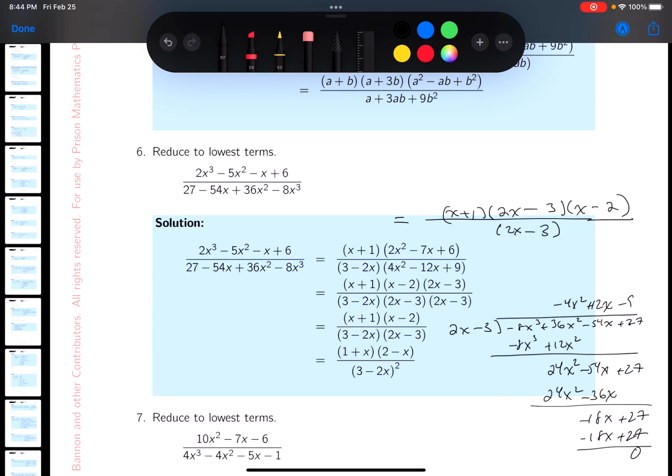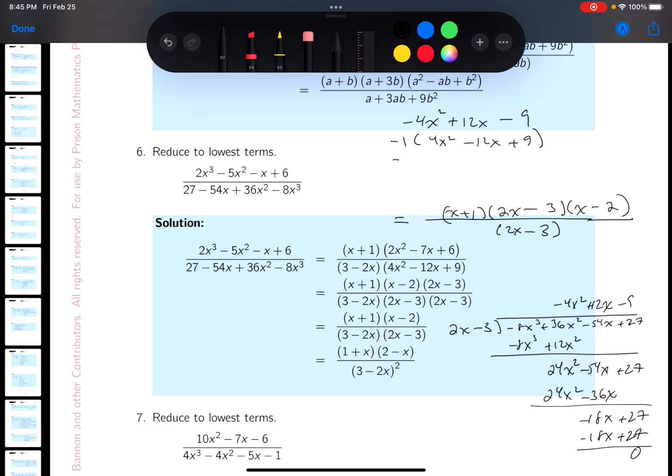Now here comes my next problem. I need to factor minus 4x plus 12x minus 9. I'm going to factor a minus 1 out. No, you don't have to. That would be 4x squared minus 12x plus 9.